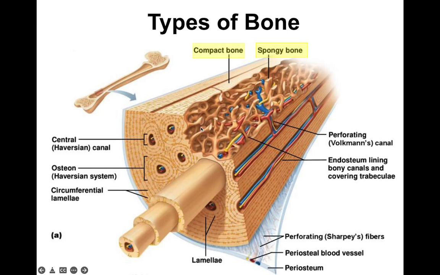The bony spicules of spongy bone, the central canals, and the main medullary canal are lined with endosteum. So externally it's lined with periosteum and internally with endosteum, and endosteum consists of osteoprogenitor cells and osteoblasts.